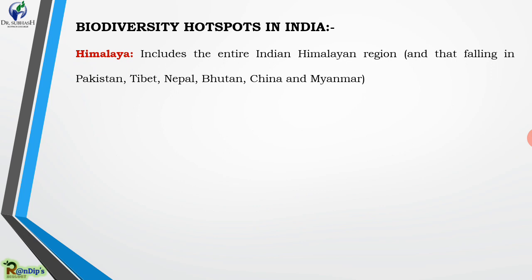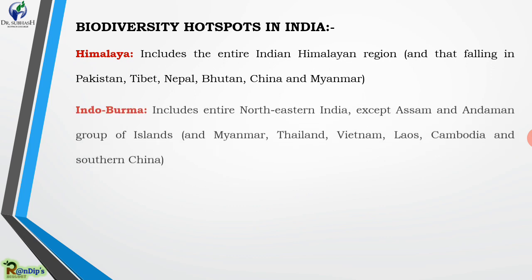About 10,000 species of plants are there, and one third are endemic. That's why the Himalaya region is a hotspot of biodiversity. In the whole world, these species can be seen here only. Himalayan species are called Himalayan species, not seen anywhere else. That's why these are rare species, and it is called a hotspot of biodiversity.